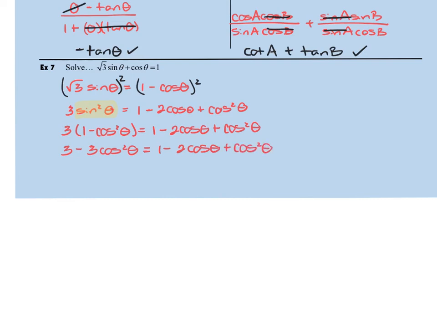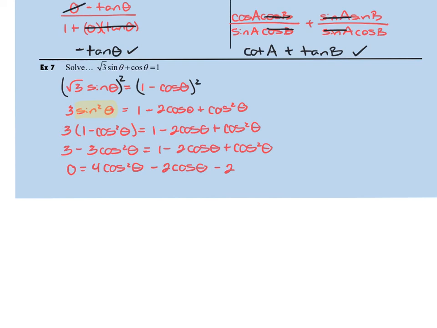Now, I'm going to need to factor, so I'm going to shove everything to the right-hand side so I can keep my squared term positive. So I'm going to have a 0. That's now going to give me a 4 cosine squared theta, then I'm going to have my minus 2 cosine theta. Moving the 3 over, that's going to give me a minus 2.